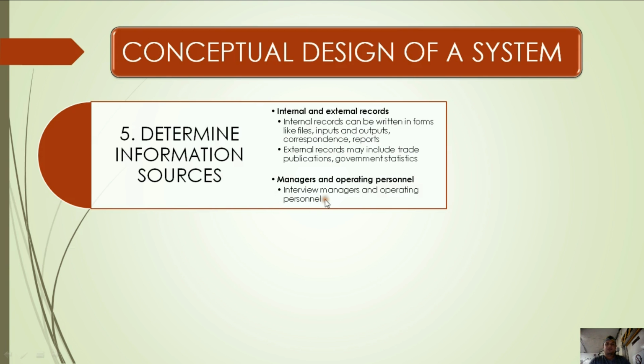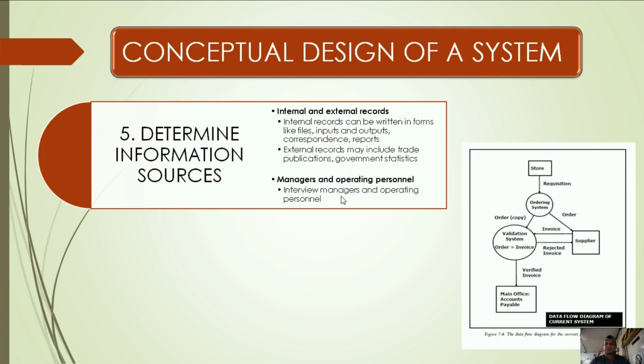Another source of information is the managers and operating personnel. We can set an interview for managers and operating personnel and ask how the current system is, so we know what they want. So here, in the same example, is the data flow diagram for the current purchasing system of Uniworld Sales.